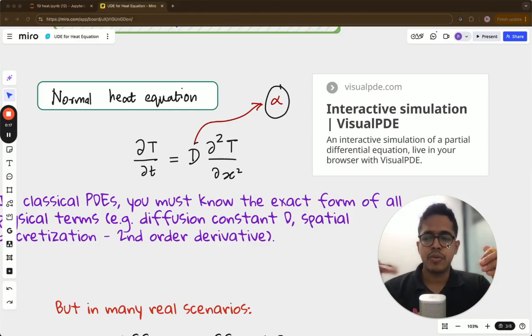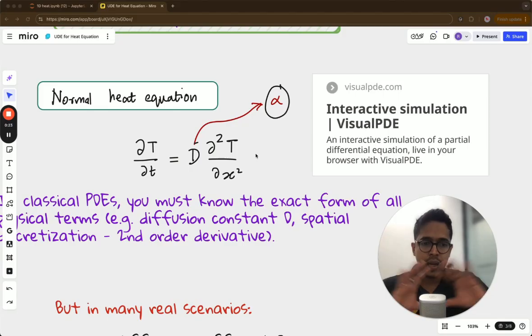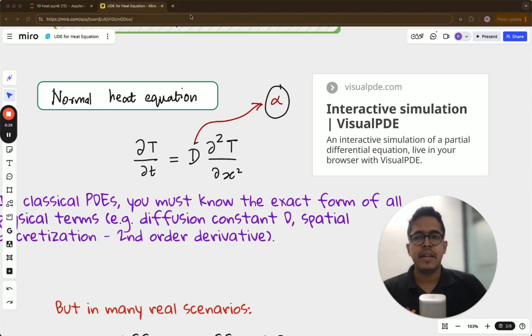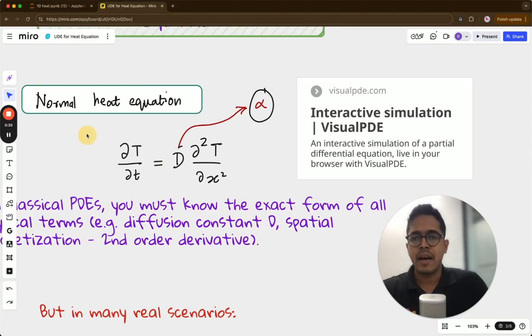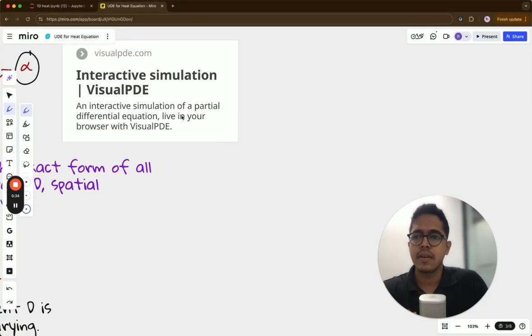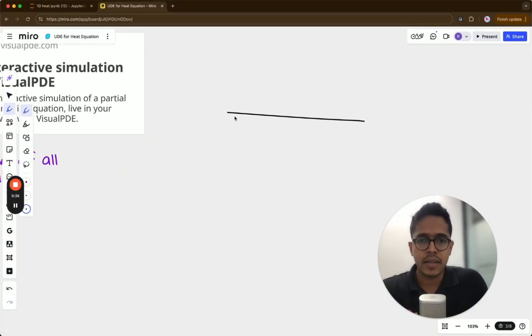It allows you to visualize the two-dimensional heat equation, where there is a ∂²T/∂x² and a ∂²T/∂y² term. And you can see how the heat distribution changes over time. Eventually what happens is, if you have a rod like this, and the temperature distribution is like a sine wave, right?